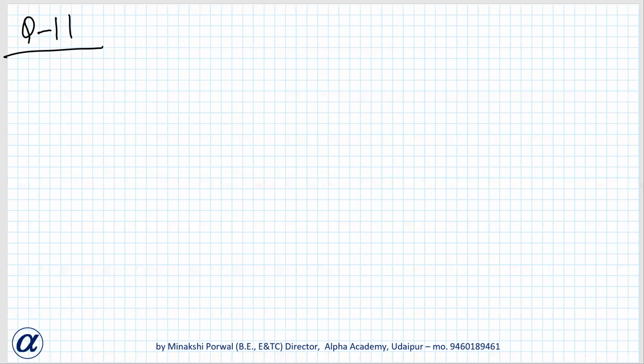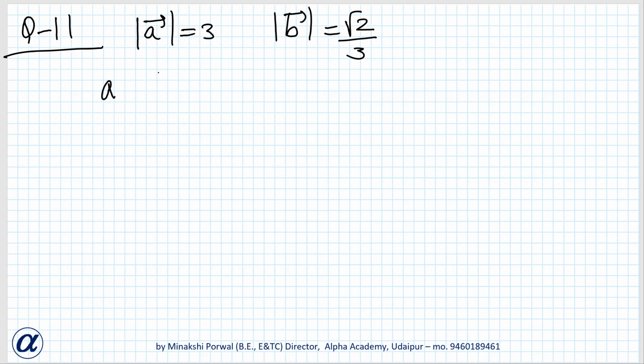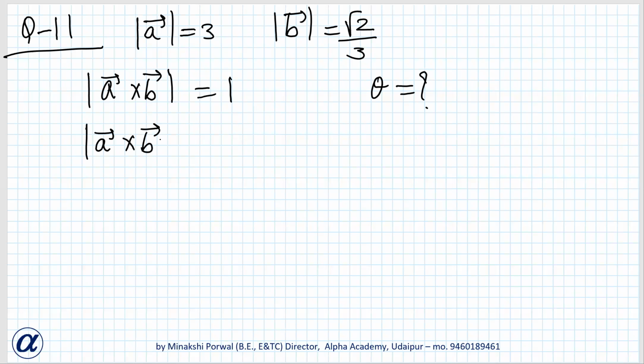Question number 11. Let the vectors A and B be such that the magnitude of A is 3 and the magnitude of B is root 2 by 3. Then A cross B is a unit vector. It is given that A cross B is a unit vector, meaning its value is 1. We have to find the angle between A and B. So A cross B will be equal to magnitude of A into magnitude of B into sine theta.